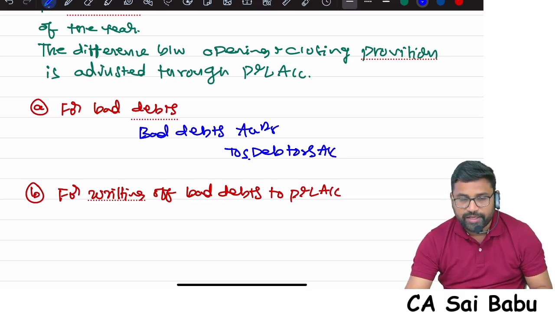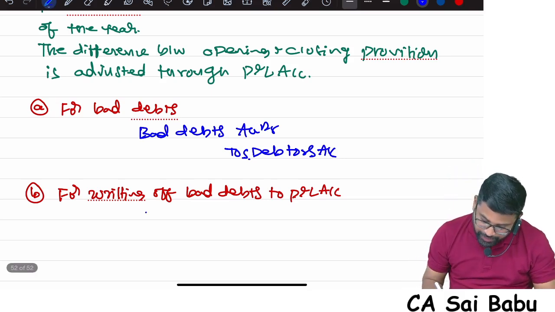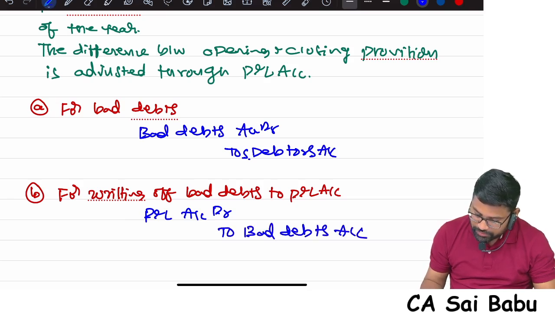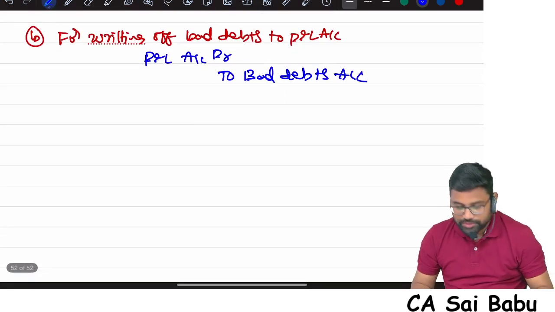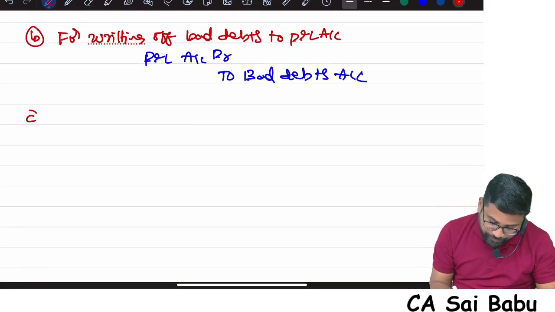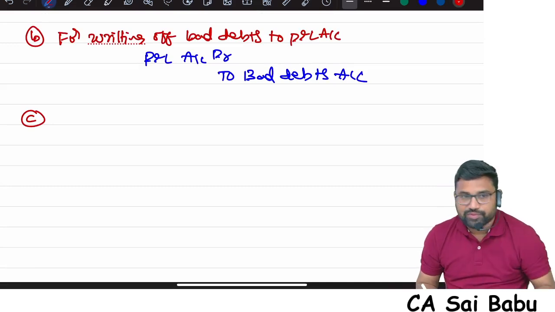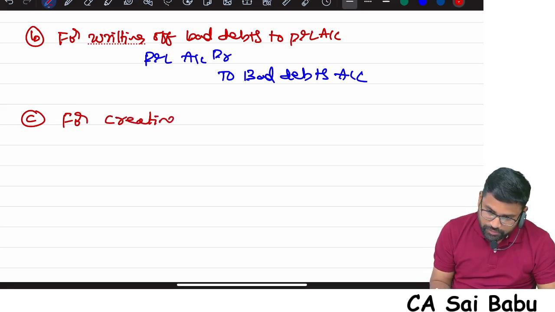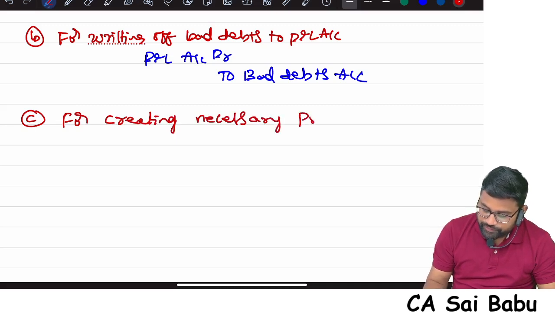So what is the entry? P&L to bad debts. Sorry, P&L account debit to bad debts account. Now finally, for creating necessary provision at the end of the year.